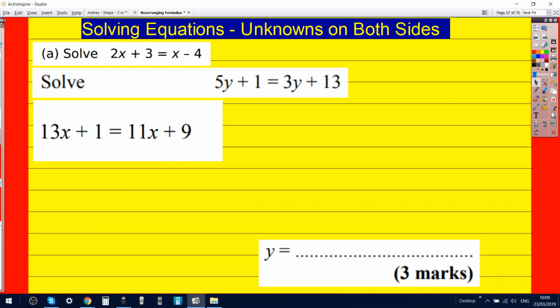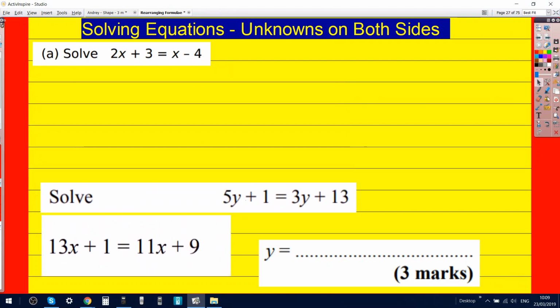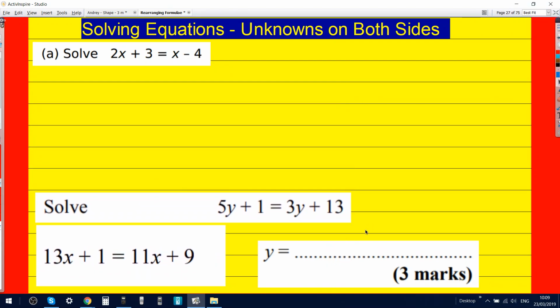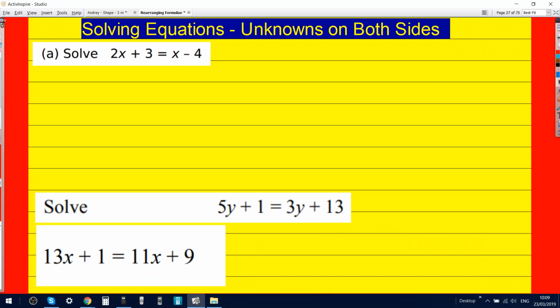How do you solve an equation when there's an unknown on both sides? Would you take them away from each other? Oh, sorry, I'm looking at the wrong one. So would it be 2x minus x? So that would leave you with just x, and that would be plus 3 equals minus 4.